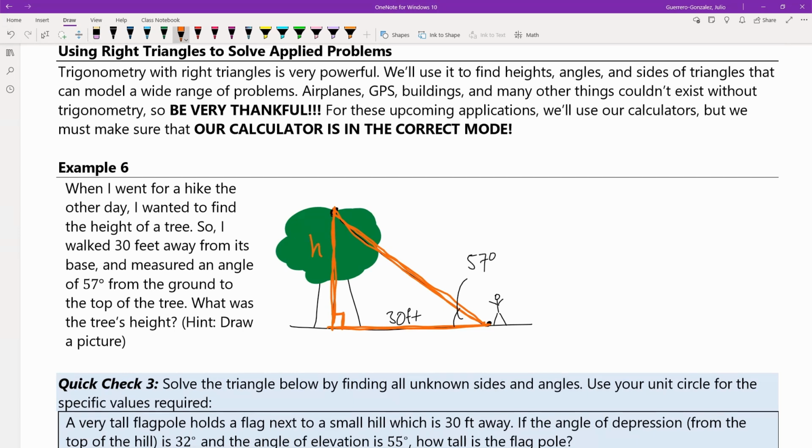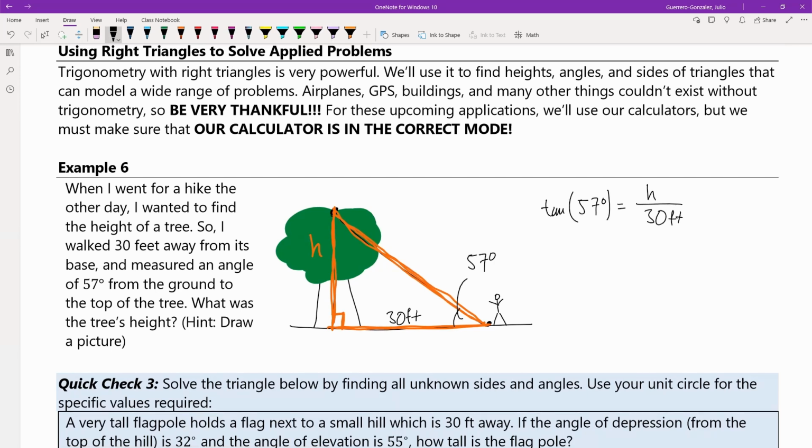I have an angle. I don't have its hypotenuse. I need to find the opposite, but I have the adjacent, right? So that should tick you off toward tangent. So I need tangent of 57 degrees. That's got to be equal to, right, opposite, so it's my H divided by my 30 feet.